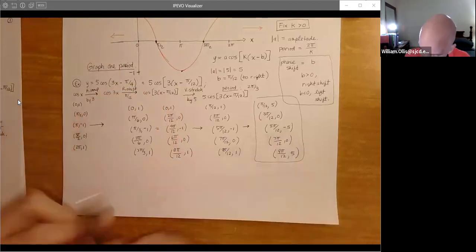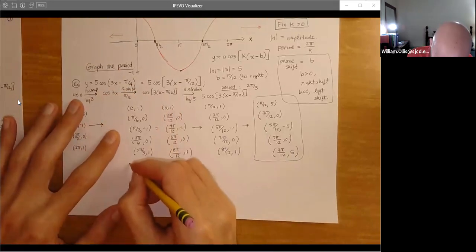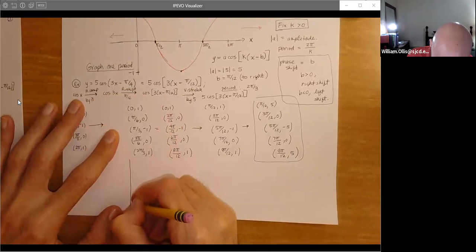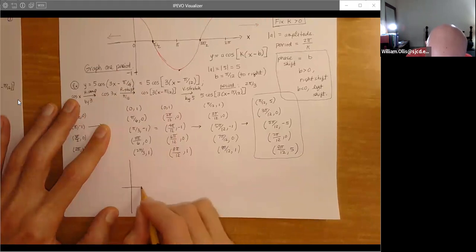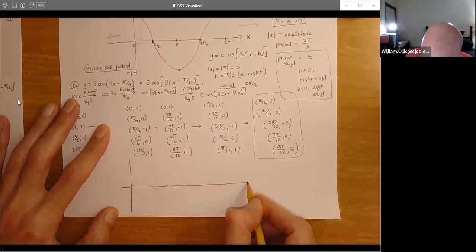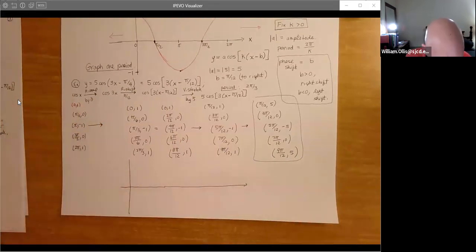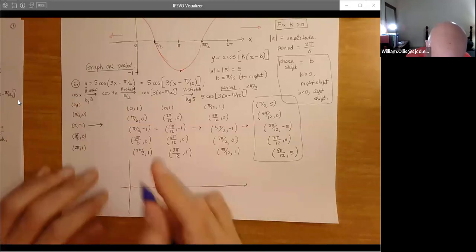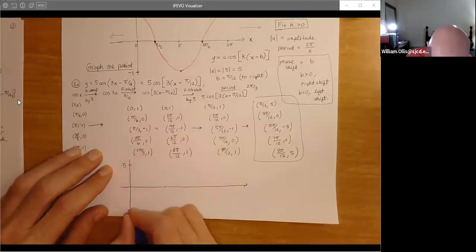So now we can take this, just do a real simple graph. We'll just do it in pencil here, and be judicious with our scale. So we just need one period. So now notice we can go ahead and mark off, if you like, a 5 and a negative 5.